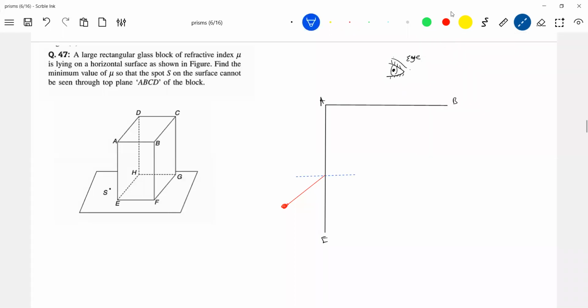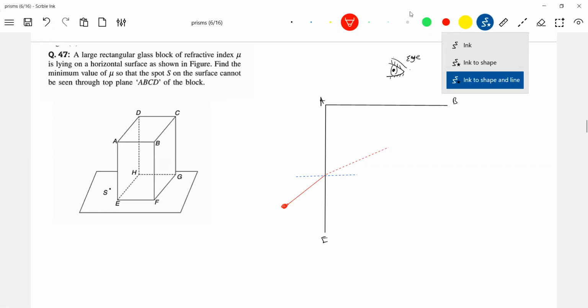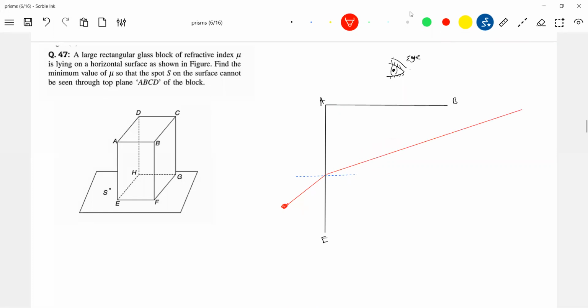The rays are moving from rarer to denser. They should bend towards the normal. So the ray will bend towards the normal. And here it should undergo TIR. Then only the ray will not emerge.